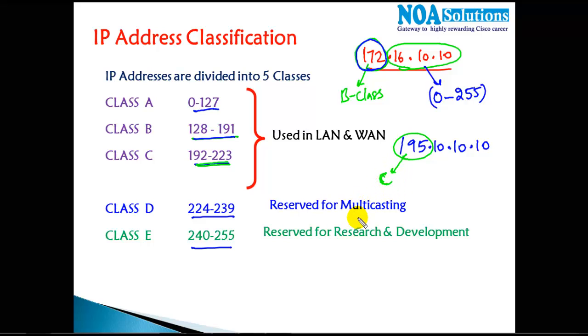Some more examples: 45.10.10.10 is an A class address because 45 comes in the range of 0 to 127. Last example, 225.10.10.10. This address belongs to class D, because it comes in the range of 224 to 239.